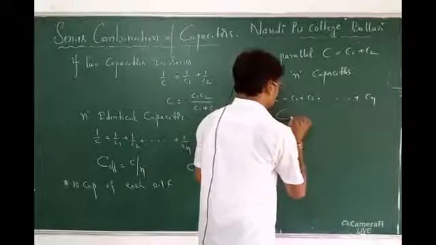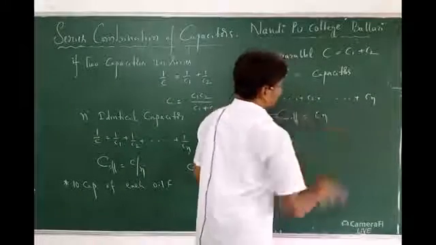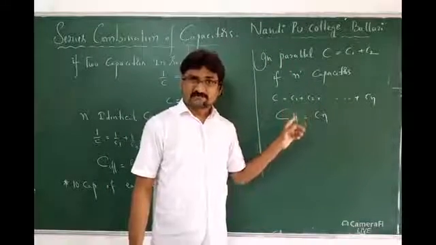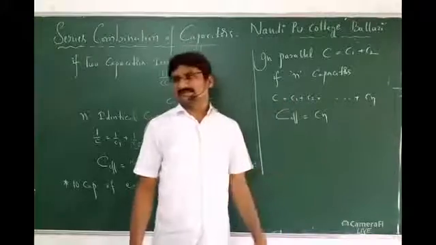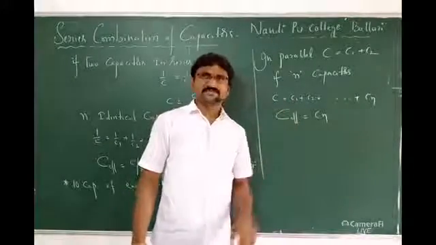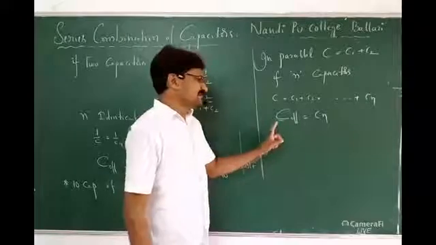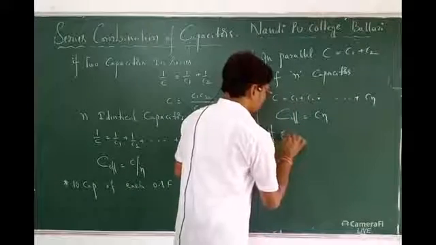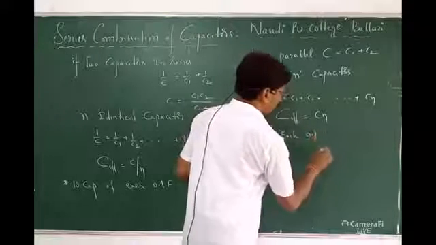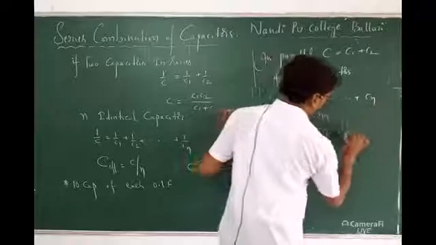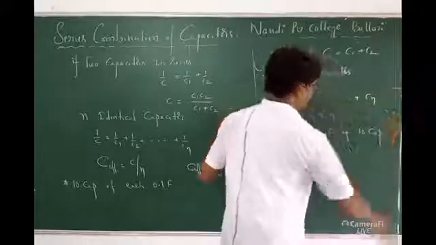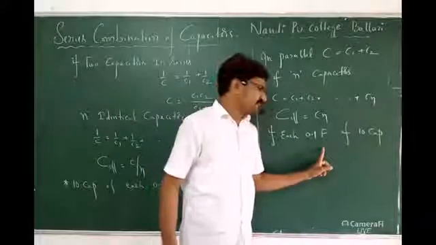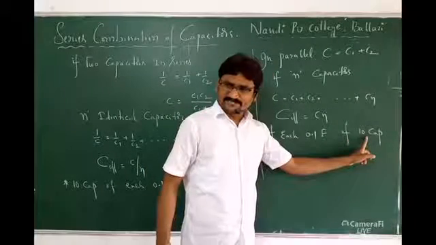So C effective is equal to, can I write, Cn? The same condition applies: n identical capacitors are connected. Then C effective is equal to C into N. Same question: each capacitance is 0.1 farad, and I have 10 capacitors.